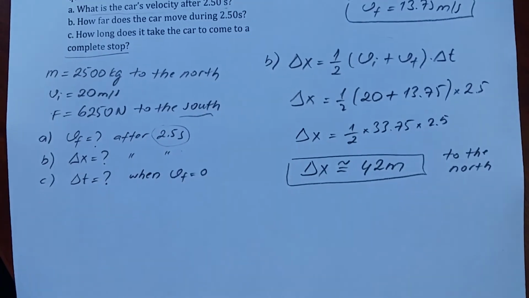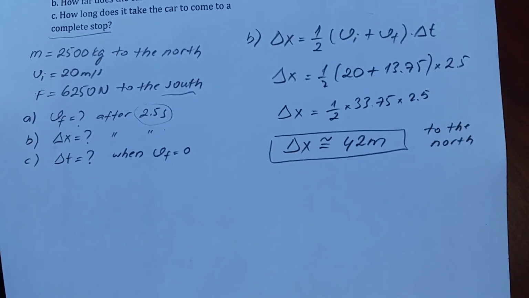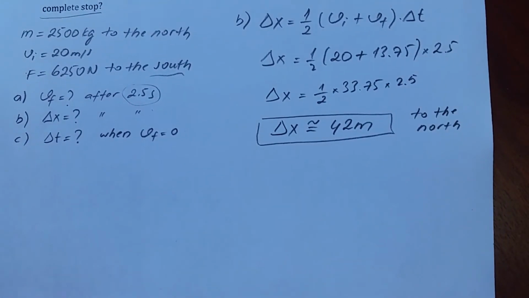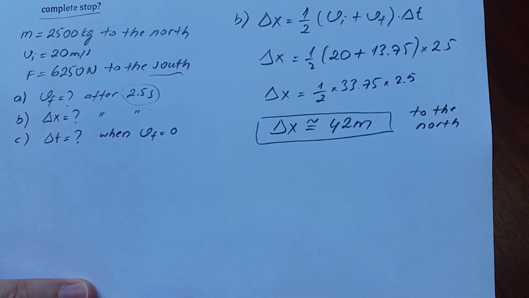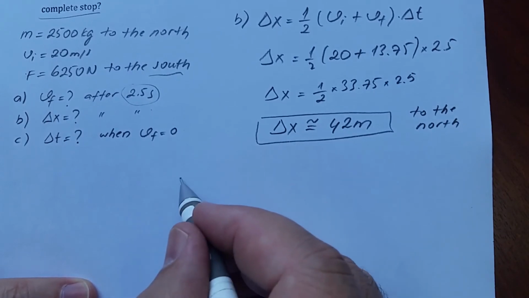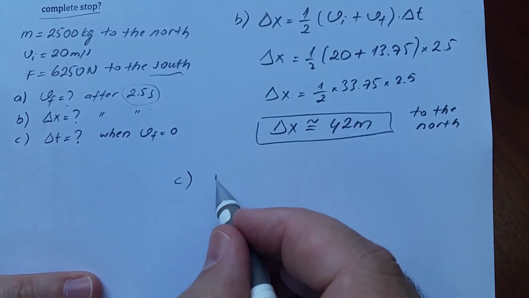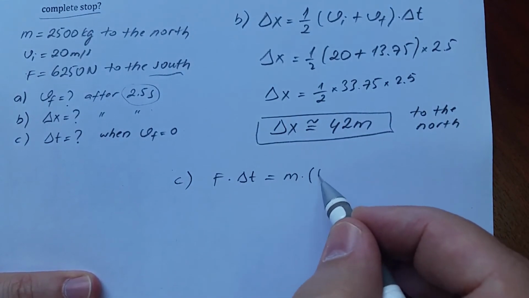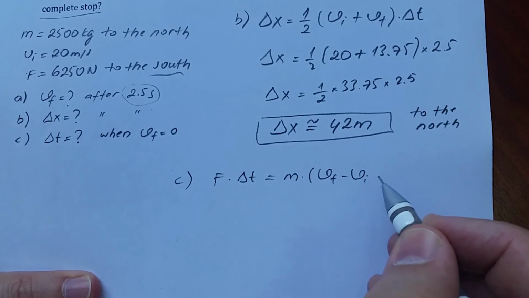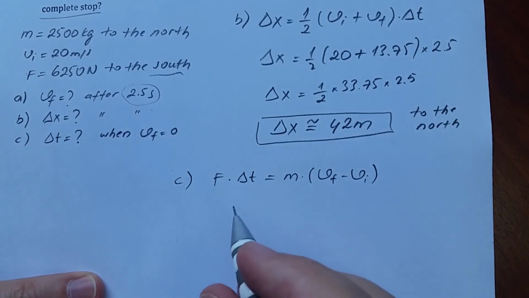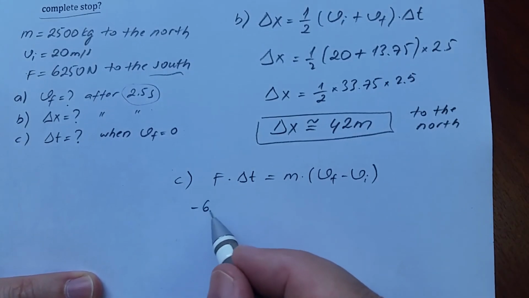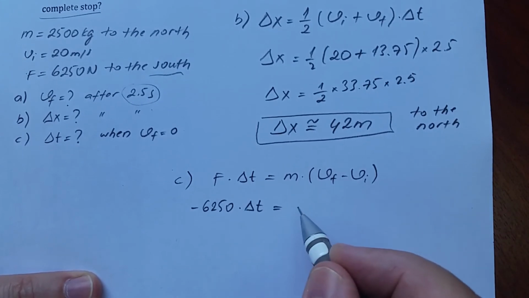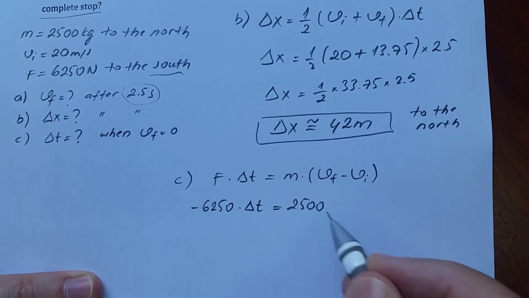And the last part, section C. It says what is the time when it comes to a complete stop. Since time is wanted, we use again the impulse momentum theorem. F multiply delta t is equal to mass multiply V final minus V initial. F is given, minus 6,250, delta t wanted, mass is 2,500.